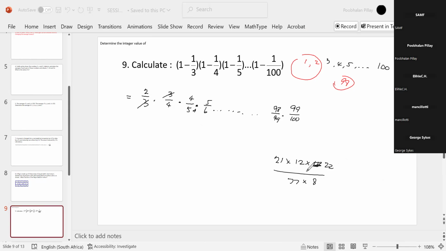You don't need calculators most of the time. In our course here, calculators are forbidden. 7 goes into this, 7 goes into that, right? The 11 goes into 22 2 times, 2 goes into 8 4 times, 4 goes into 12 3 times. Lo and behold, 3 times 3 is 9. That's the answer. No calculators used, and you can multiply all these things and get an answer very quickly.